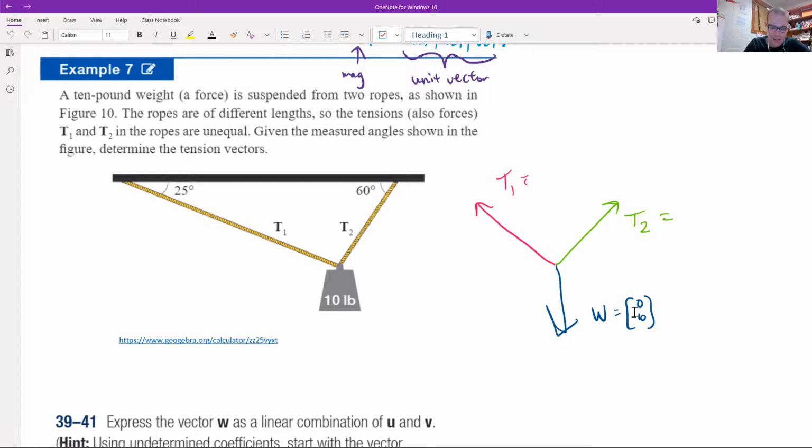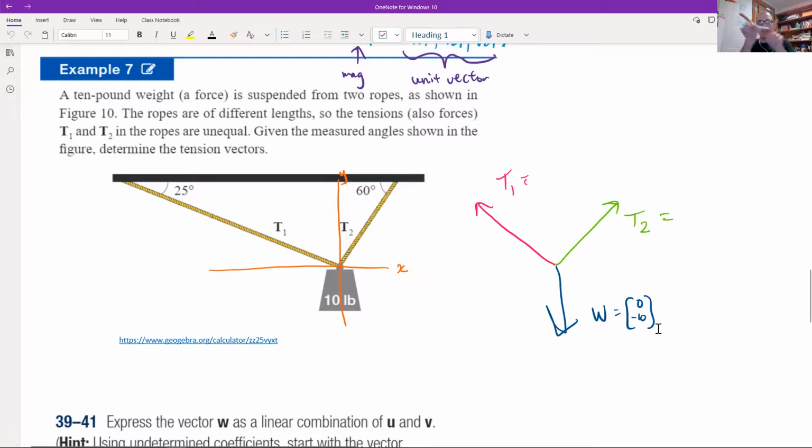Now, yes, if I'm a mathematician, what I'm doing is situating this whole thing in a coordinate plane, and I'm probably looking at this portion right at the top of the weight as kind of our origin, and viewing this as an x and y axis. Let's see how this goes for us. So yeah, this weight would be pulling with a 10-pound force down. That's why I've got that there.